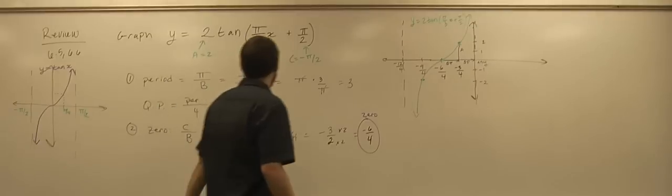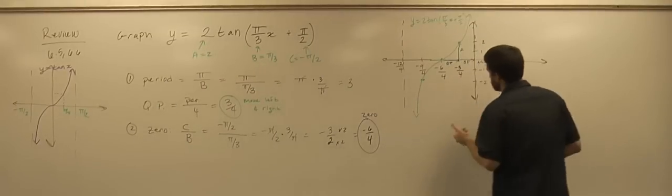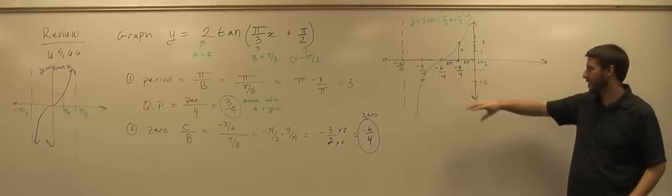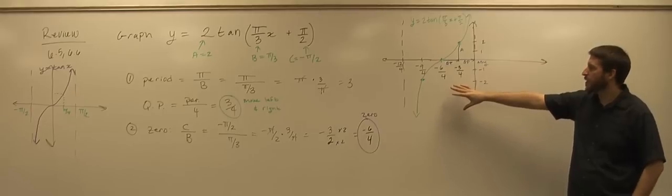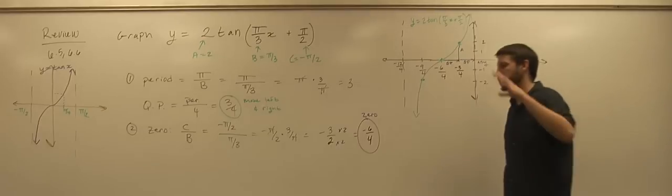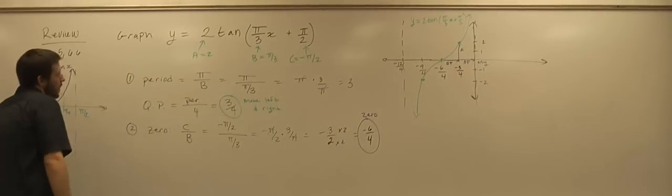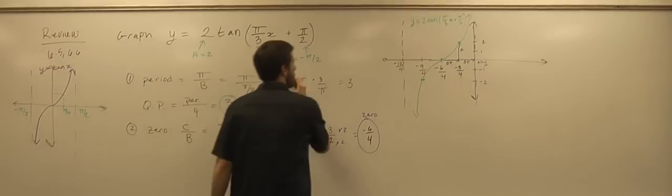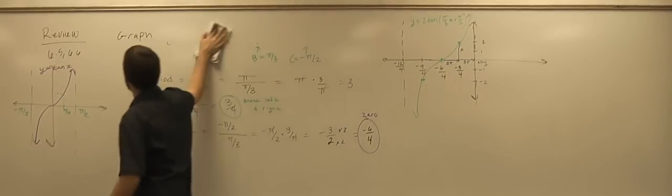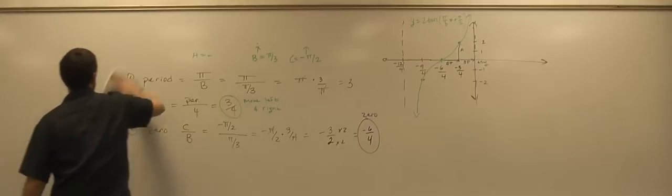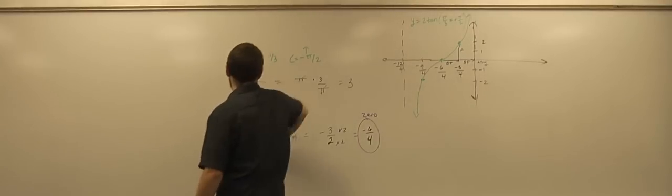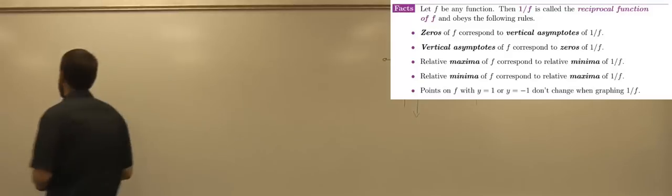So this was the first part of 6.5 and 6.6. But then also we talked about graphing reciprocal functions, so secant, cosecant, cotangent. To graph reciprocal functions, you have to use these nice facts.